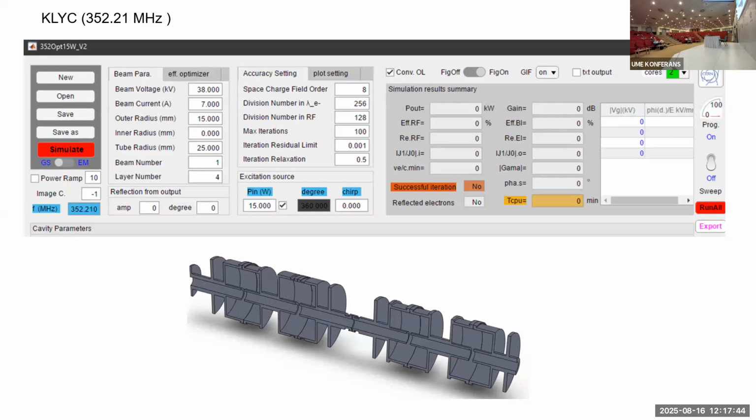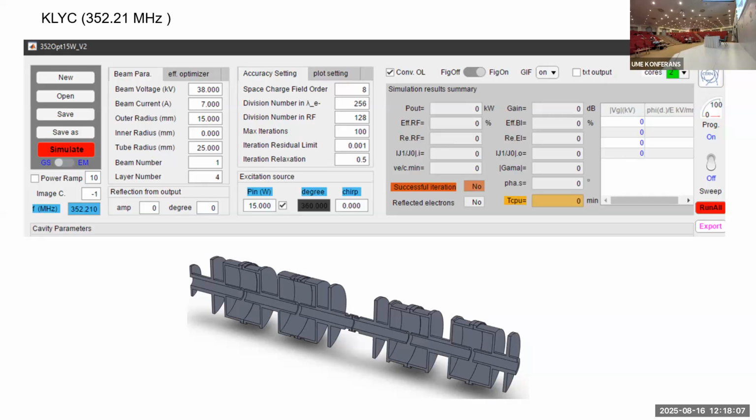Turkey will be the fifth country making an RFQ, or the first accelerator on it. And this is one of the 12 countries in the world.